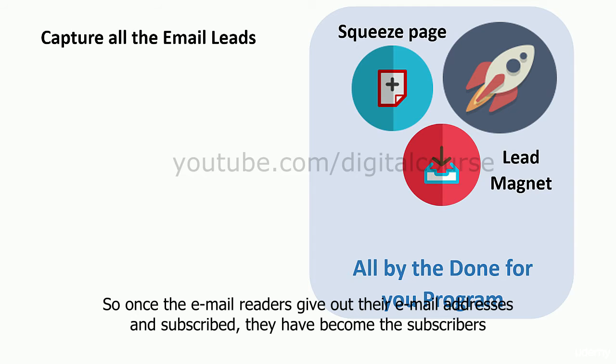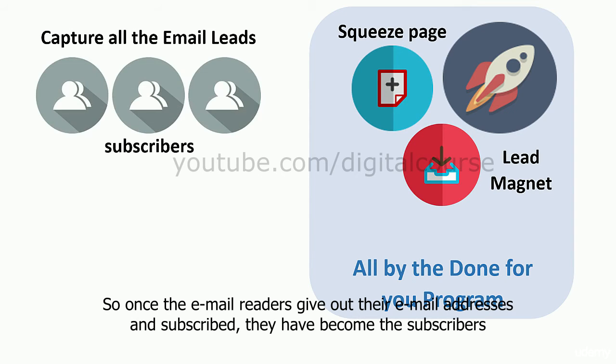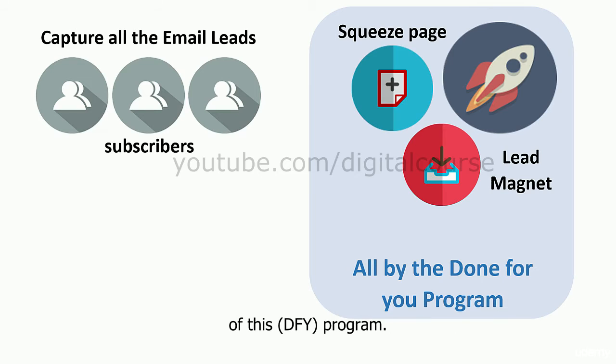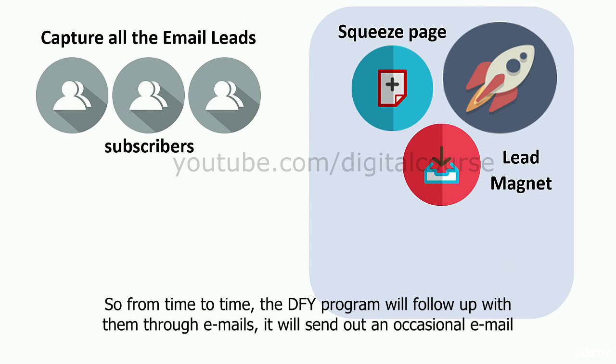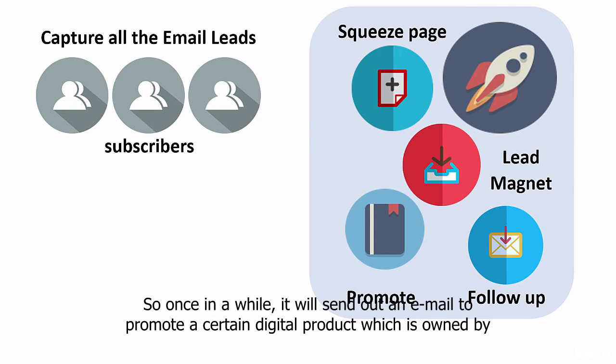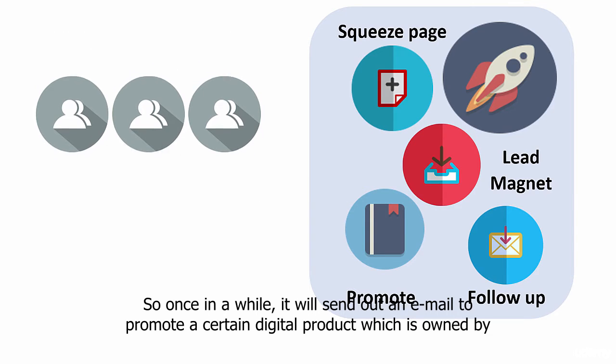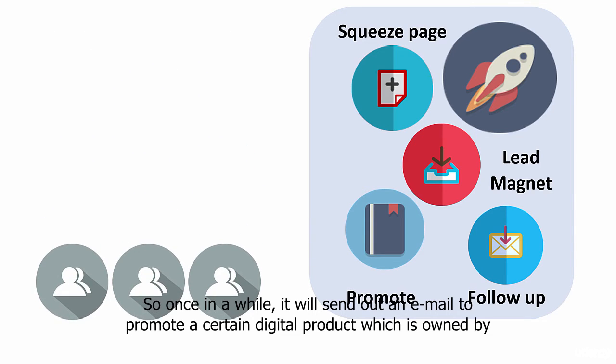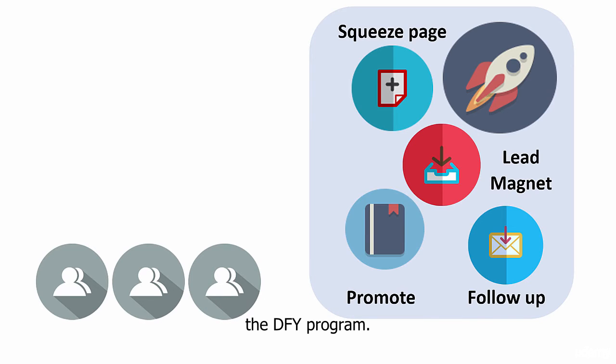Once the email readers give out their email addresses and subscribe, they become subscribers of this program. From time to time, the DFY program will follow up with them through emails. It will send out educational emails to build a good relationship with them. Once in a while, it will send out an email to promote a certain digital product owned by the DFY program.